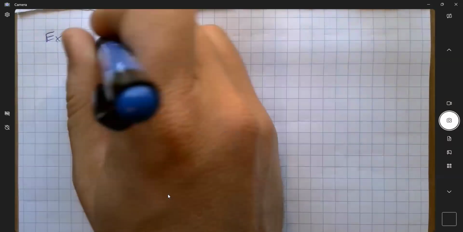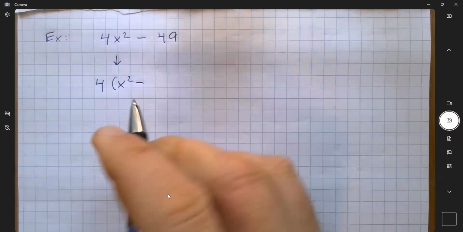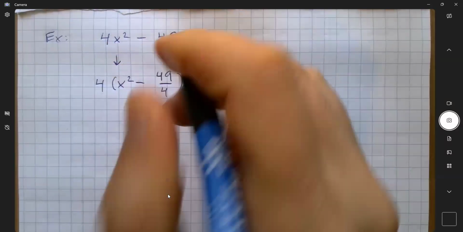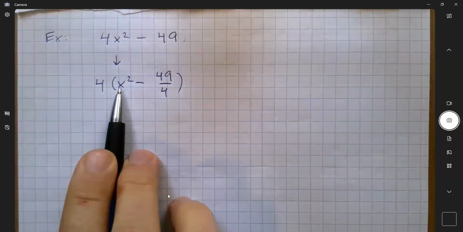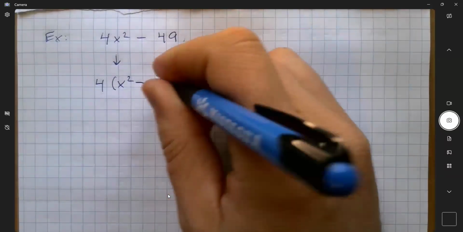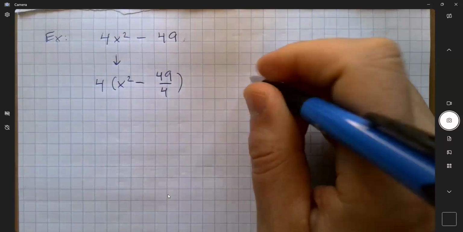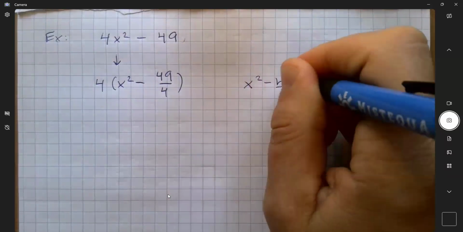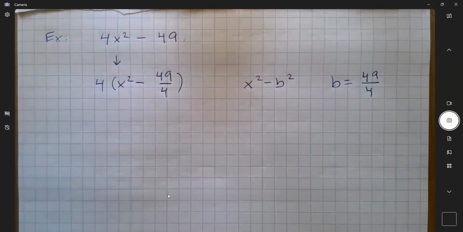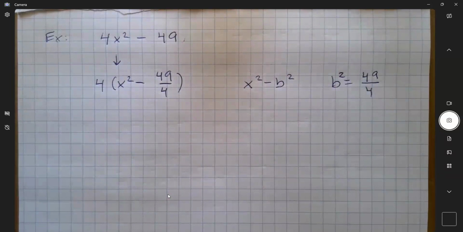The first way is to factor out the 4, which is my general recommendation, because it turns my quadratic function into something where the leading coefficient is 1. 49 over 4, that's a rational number, but it's still a number. So I can still see this as x squared minus b squared, but now b squared is 49 divided by 4.